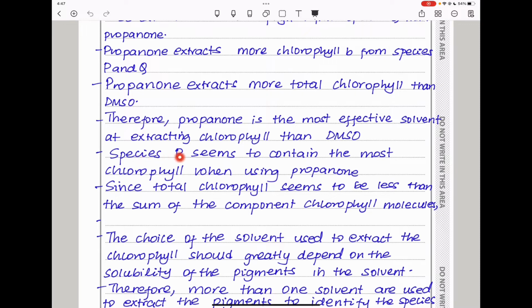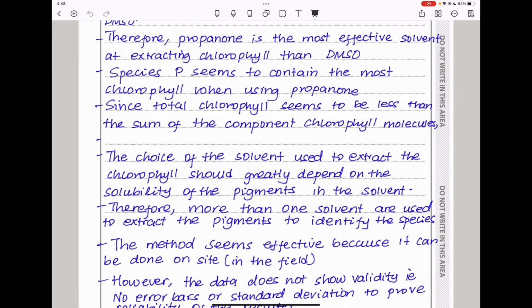Next I say species B seems to contain the most chlorophyll when using propanone. Let me take this back. And then, since total chlorophyll seems to be less than the sum of the component chlorophyll molecules, the choice of the solvent used to extract the chlorophyll should greatly depend on the solubility of the pigments in the solvent. This is based on your knowledge.